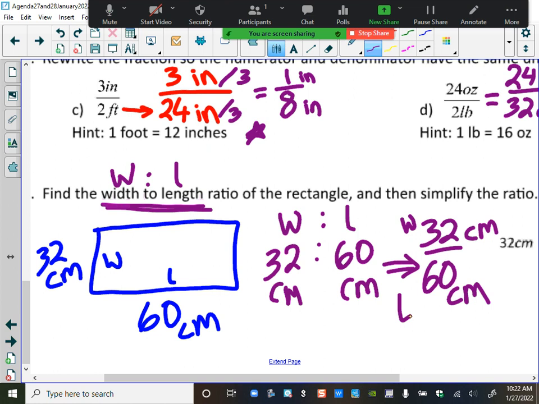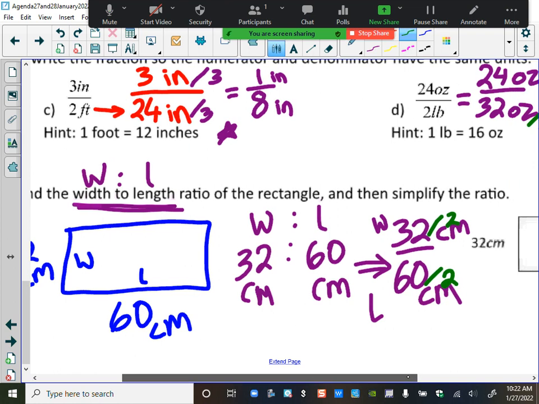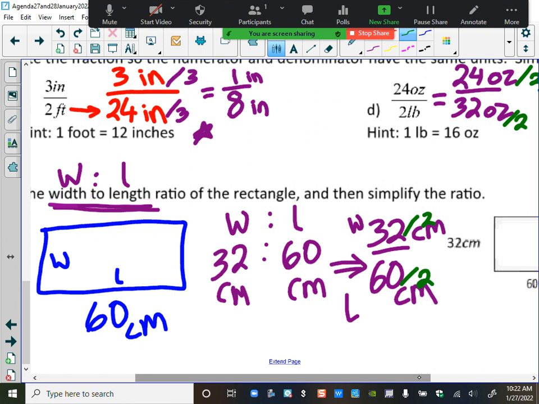Okay, we can start with 2. So if we divide 32 by 2, what do we get? What's 32 divided by 2? 16. And then what's 60 divided by 2? 30.